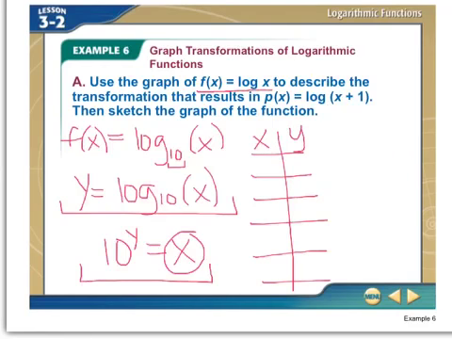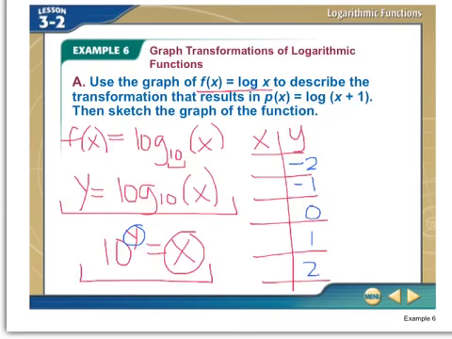So what I'm going to do is select, since y is our independent variable, I have control over y. Since x is by itself, x is dependent. And so I'm going to select values for y. Let's just say -2, -1, 0, 1, and 2.